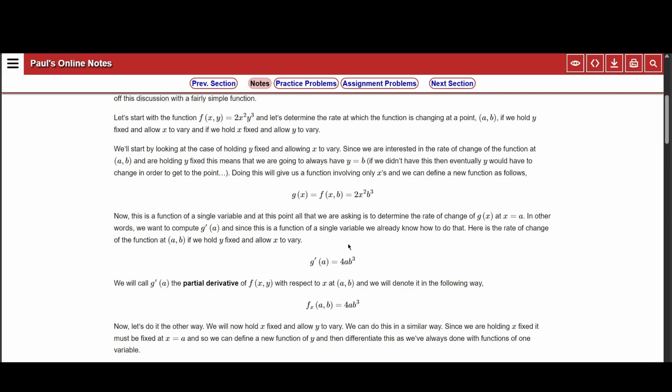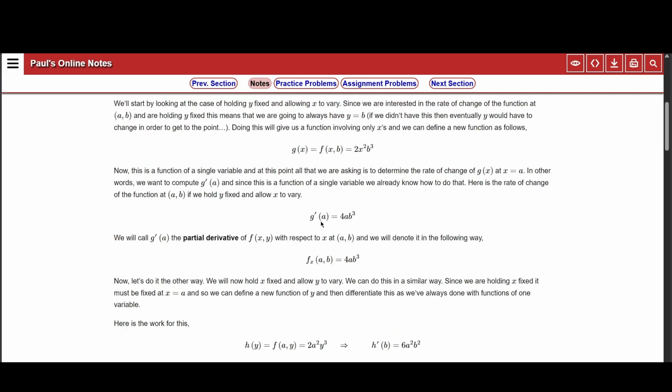At this point, all that we are asking is to determine the rate of change of g of x at x equals a. In other words, we want to compute g prime of a, and since this is a function of a single variable, we already know how to do that. Here's the rate of change of the function at a, b, if you hold y fixed and allow x to vary. Okay, so this is the function.